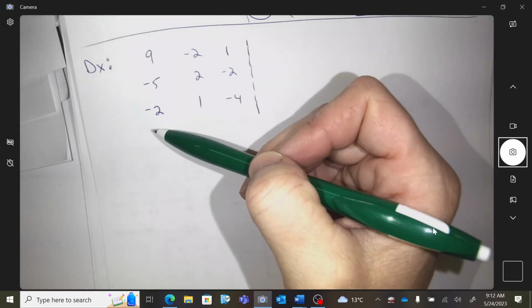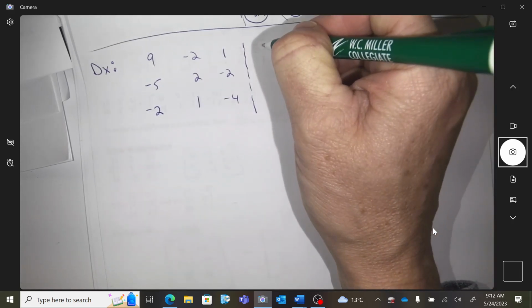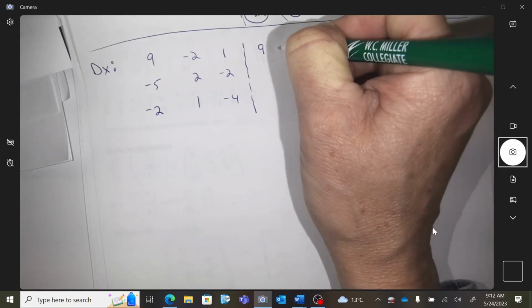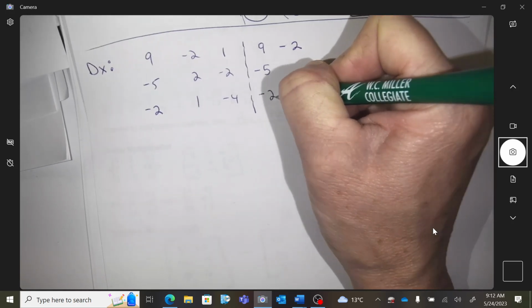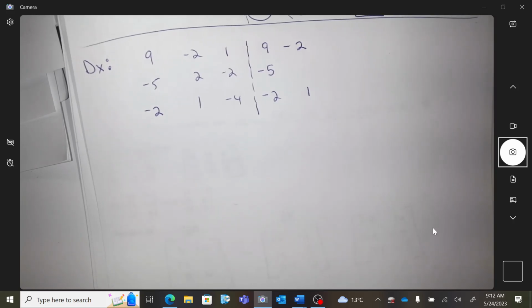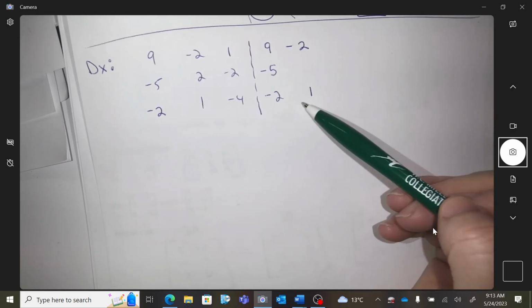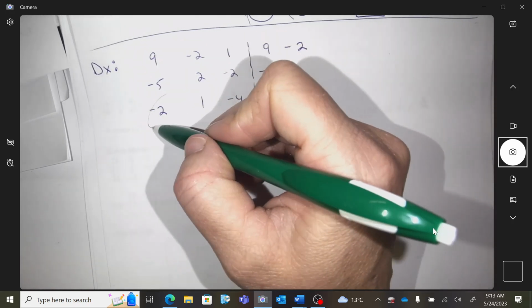So replace the x's with the constants. Okay, and then I'm going to repeat a 9 and a negative 2. I'm going to repeat a 5. So, you can repeat them all, but I end up only using these ones. Those 2, that one, and those 2. Okay, 3 diagonals.